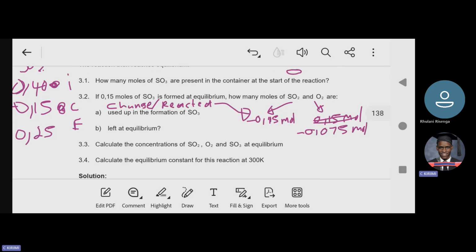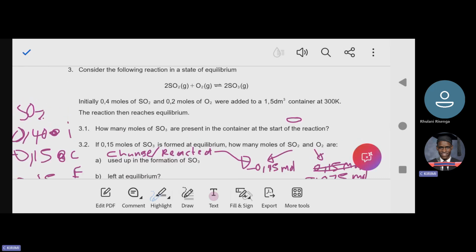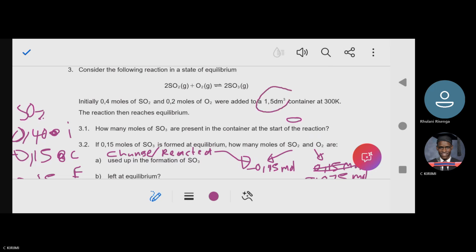Calculate the concentration of SO2, O2, and sulfur trioxide. Do you know the volume? What is the volume? 1.5. And the concentration is equal to number of moles over volume.